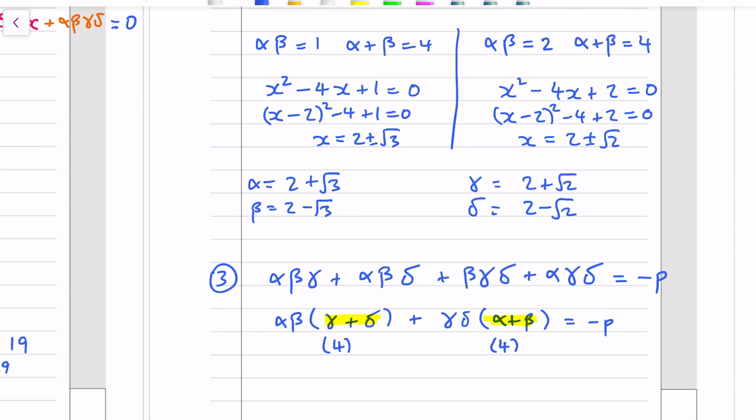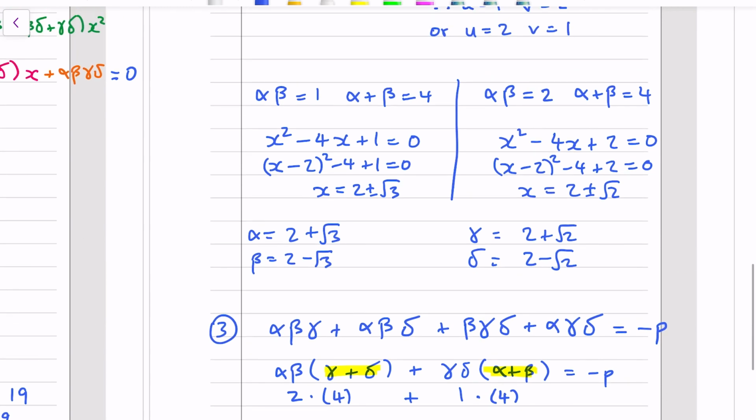And if alpha beta equaled 2, then the other one, gamma delta, would have to equal 1. Remember, I said alpha beta was 2, or alpha beta was 1. It can't be 1 and 2 at the same time, but if alpha beta is 2, then the other roots would multiply to 1.